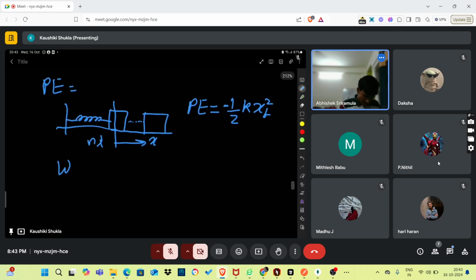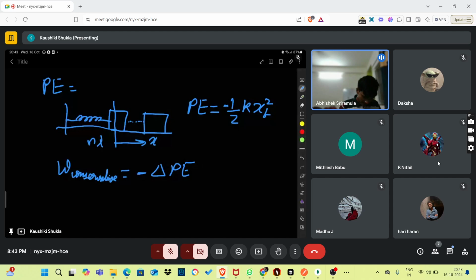Now, like I said, the work done by conservative forces is the negative of the change in potential energy. Therefore, the change in potential energy, sorry, this should be work actually, will be the negative of this, that is half kx square.